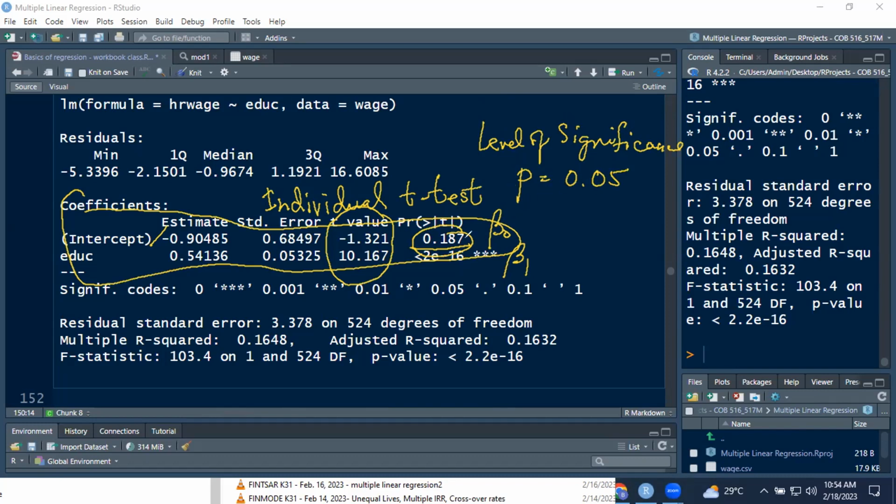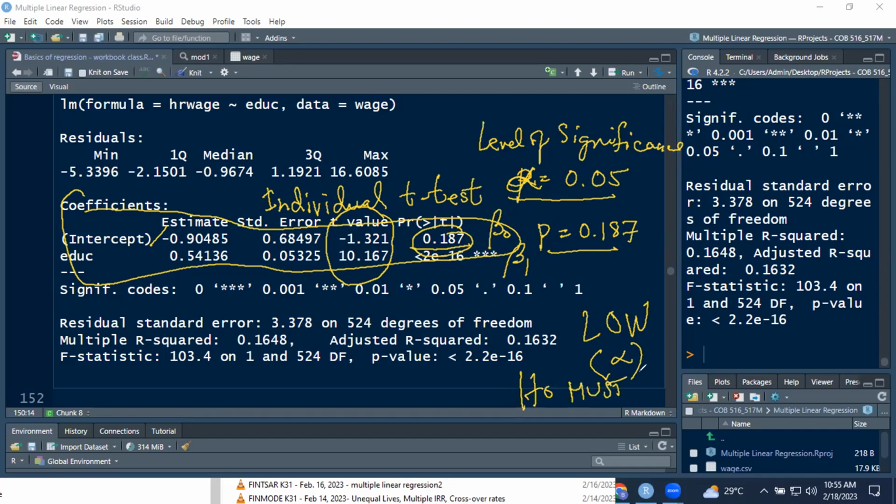We're going to compare the p-value, itong 0.187, with our alpha. And the rule is, when the p is low, low in comparison with your alpha, the null must go.